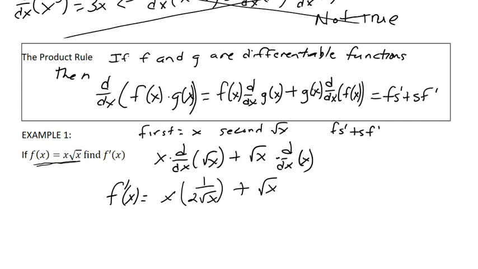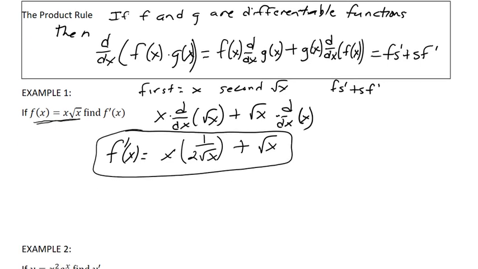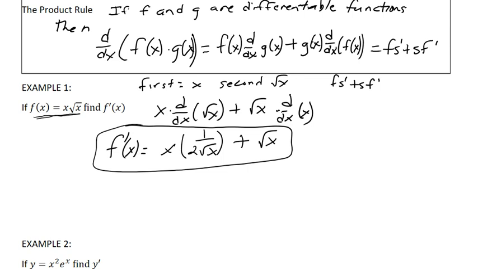Of course, it would be fine unsimplified. But in a simplified version, in case we want to match a multiple choice answer, the x and the square root of x would cancel out, and we'd have square root of x over 2 plus square root of x, because this x and this x and this square root would cancel, and the square root would be on the top, which is just 3/2 square root of x.